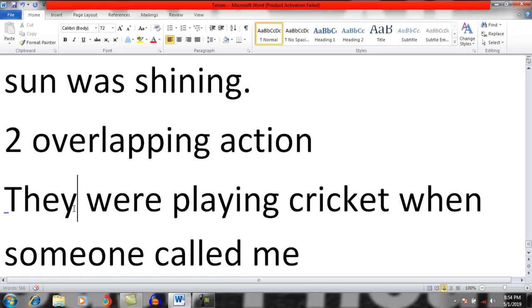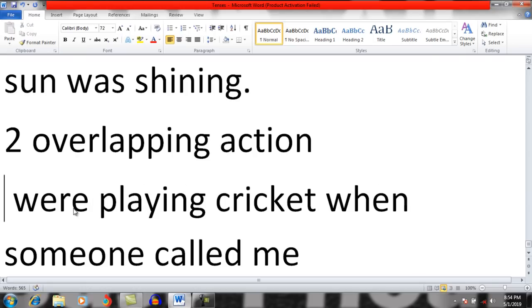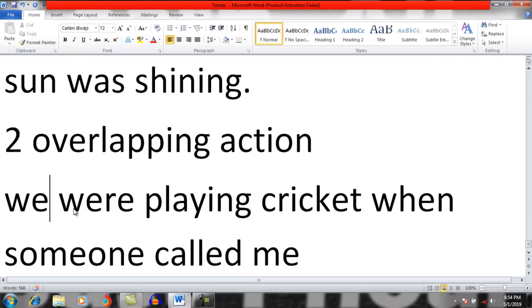Or you can simply change the pronoun: we were playing cricket when someone called me. So now the action is interrupted or overlapped, and here we can use past progressive.